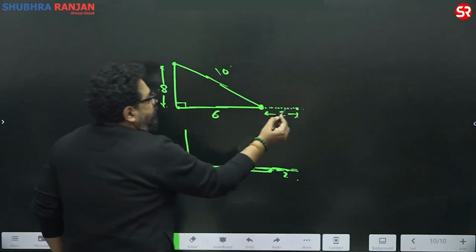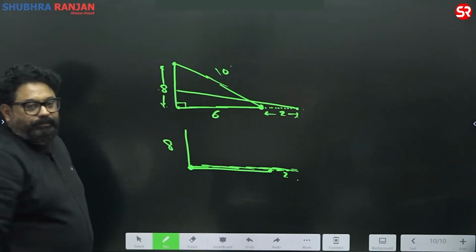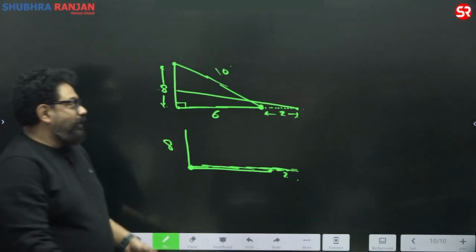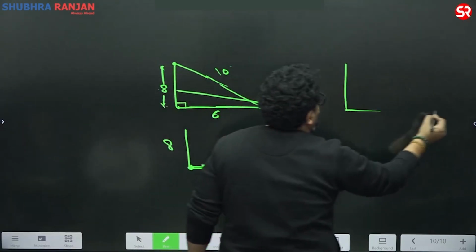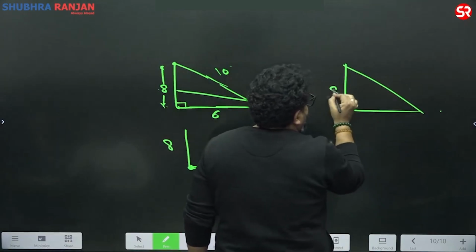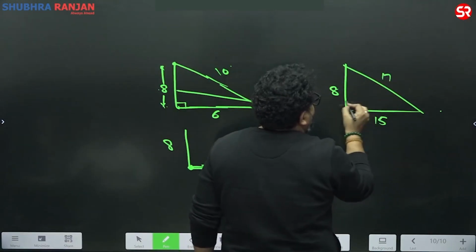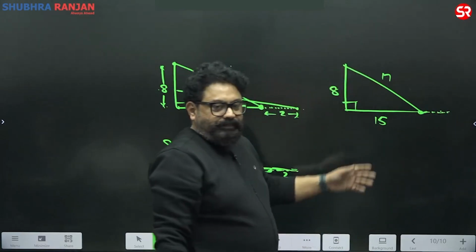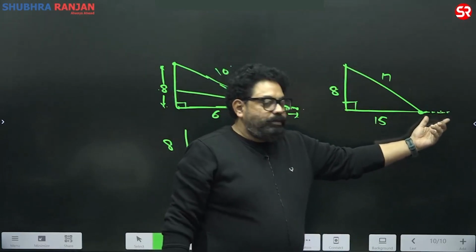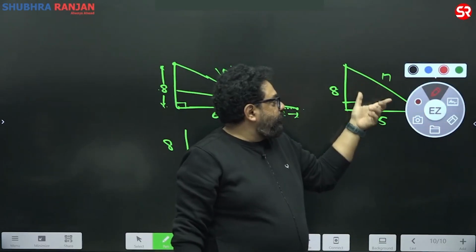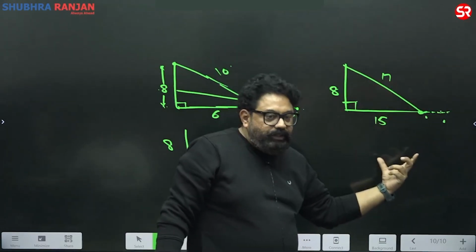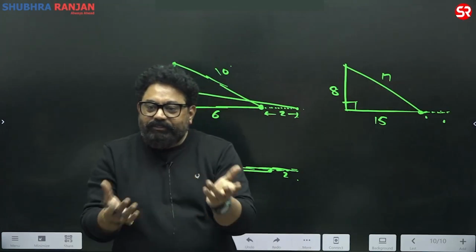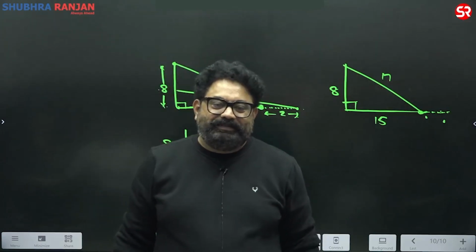It would be this kind of a scenario, right? But if I take this as a Pythagorean triplet, 8, 15, 17, and I take it 2 meters away, 15 plus 2 is 17. The whole ladder would come down. That is how I frame the questions, right?